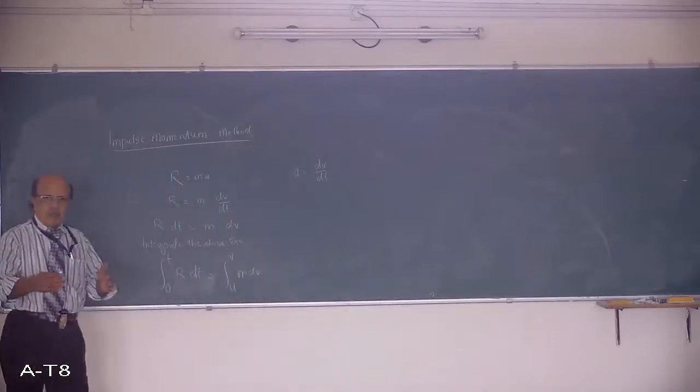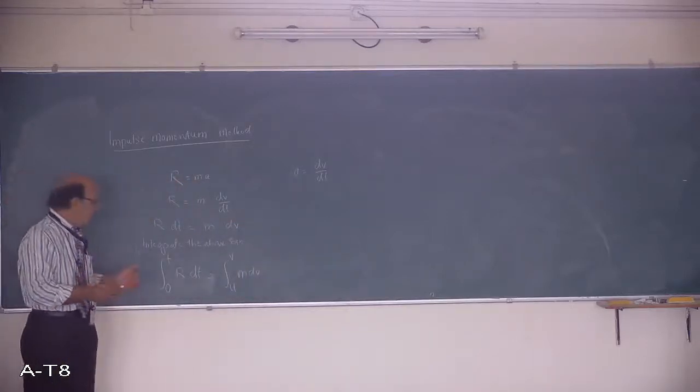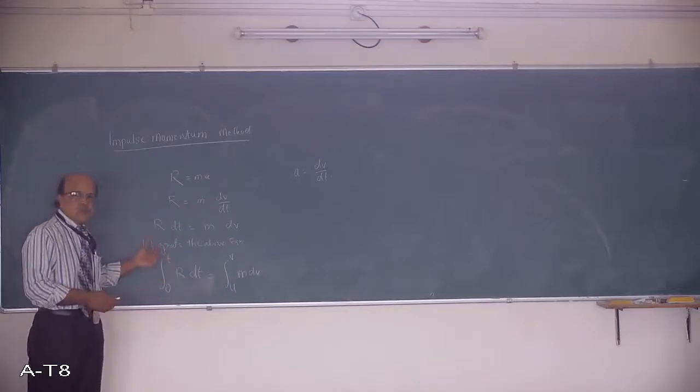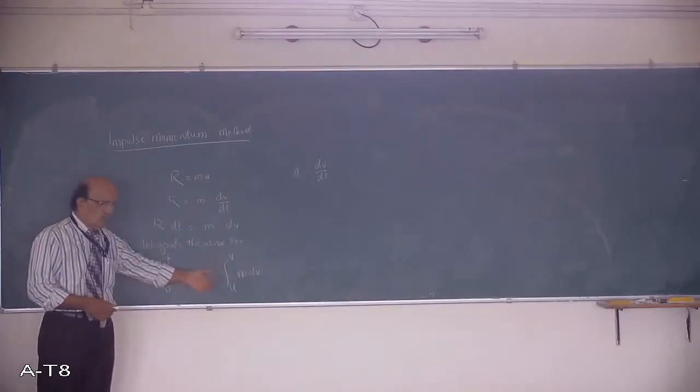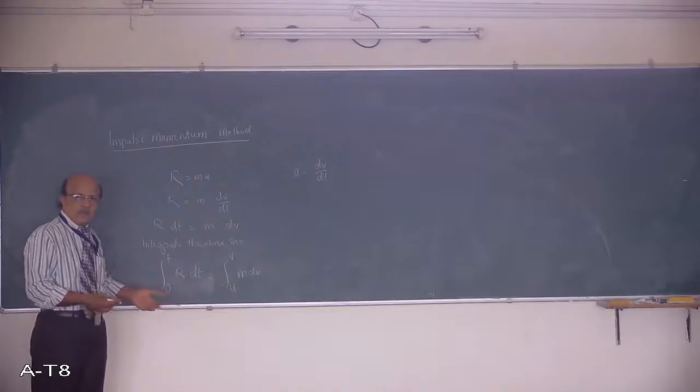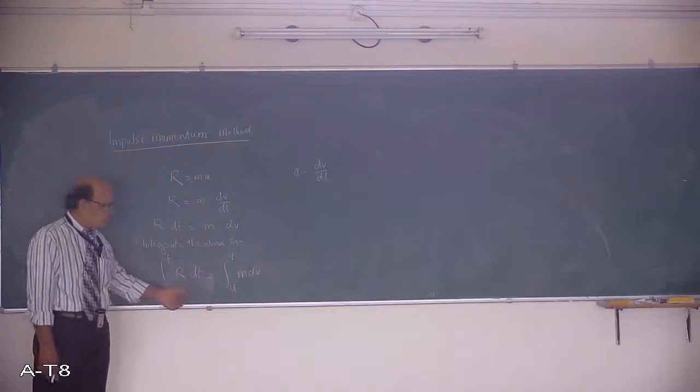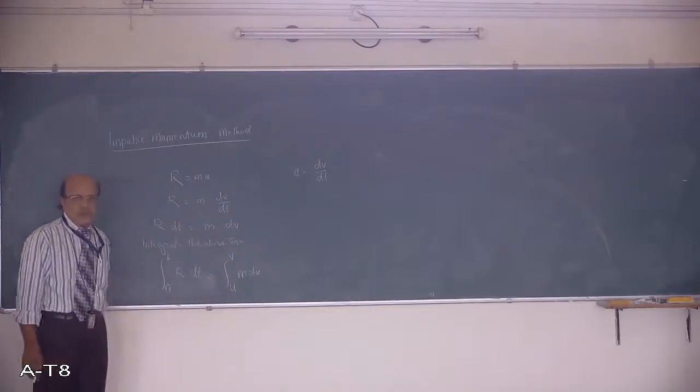When an object is acted on by a force for a time from 0 to t, that object achieves momentum and moves in a particular direction from u to v.